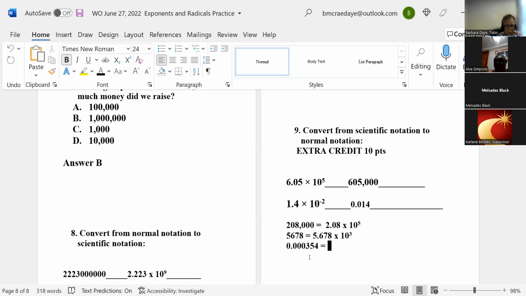Between the 3 and the 5, right? Because that would be less than 10, right? Yes. 3.54, that's less than 10.